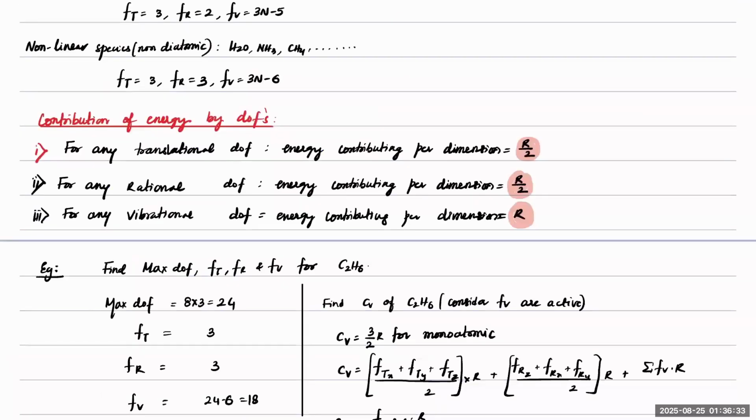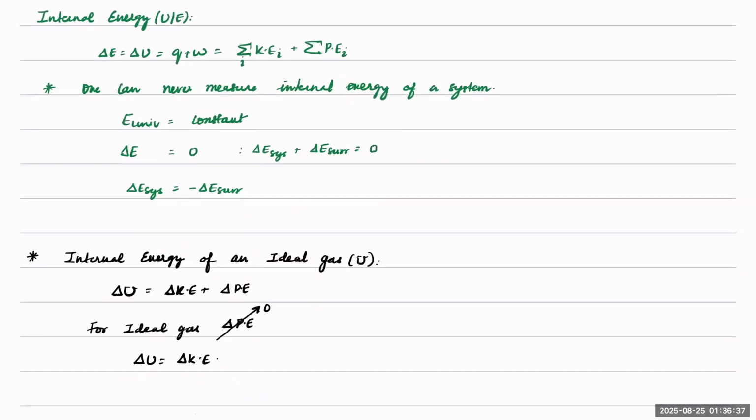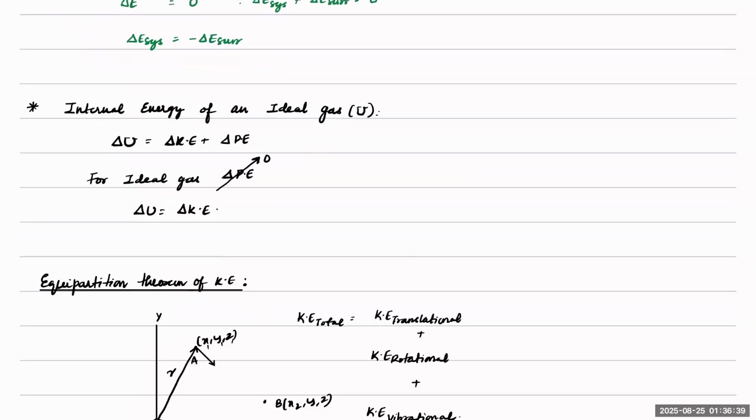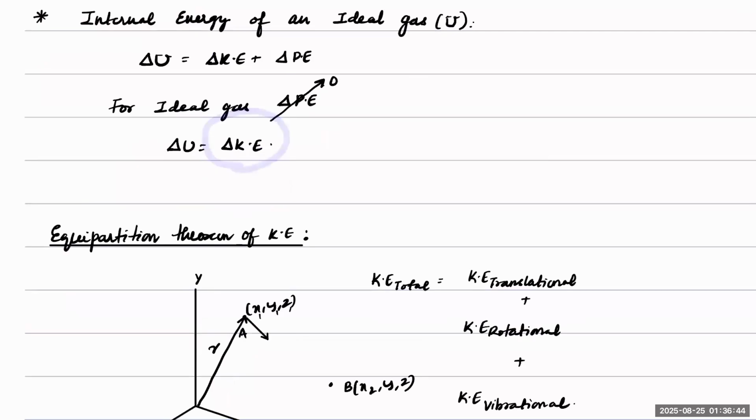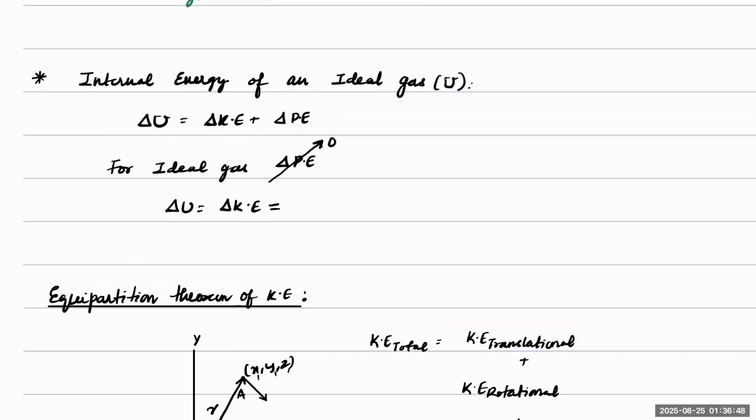Right. Now, since we were actually discussing internal energy, you can see that internal energy, which is U, equals delta of kinetic energy. Now, kinetic energy can be written as F by 2 RT, correct? F is the total degree of freedoms.